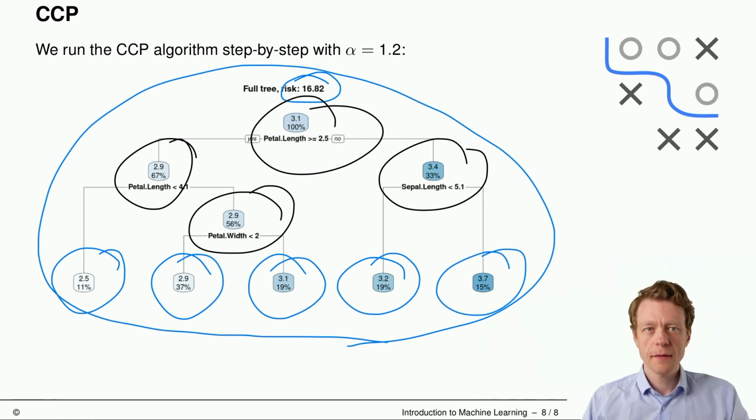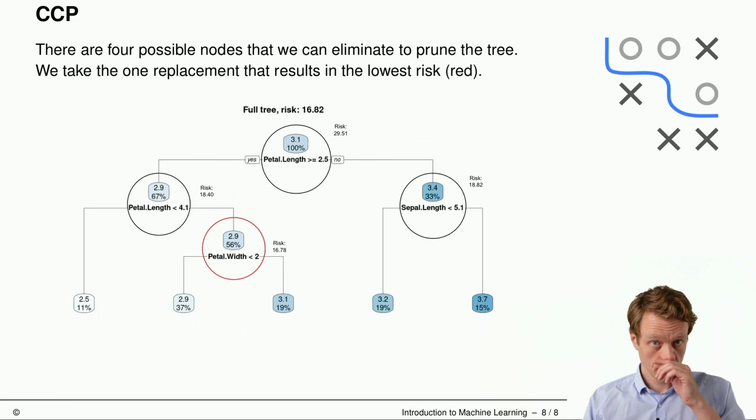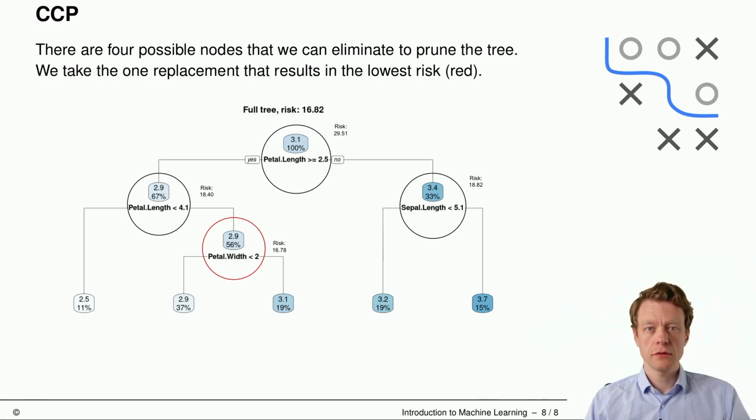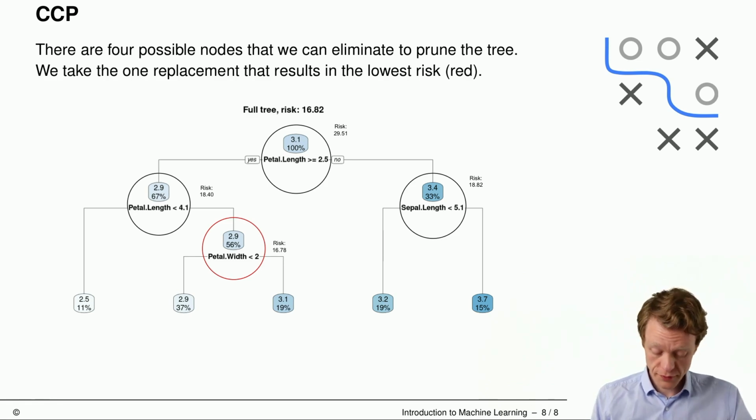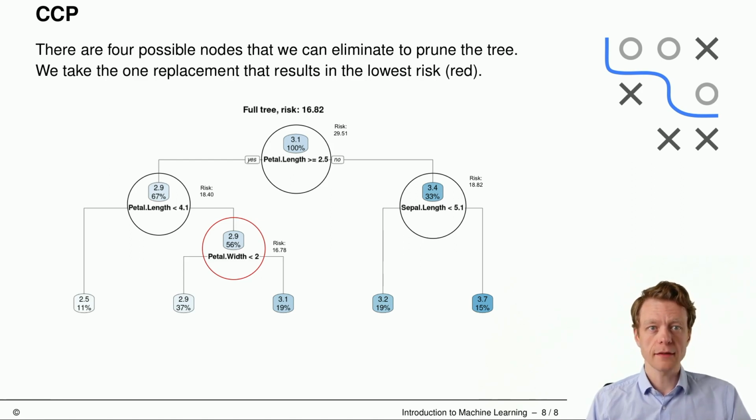And pruning means that we iteratively replace those internal nodes by leaves. So we look at those 4 internal nodes here and replace them by leaves, so not splitting any further.